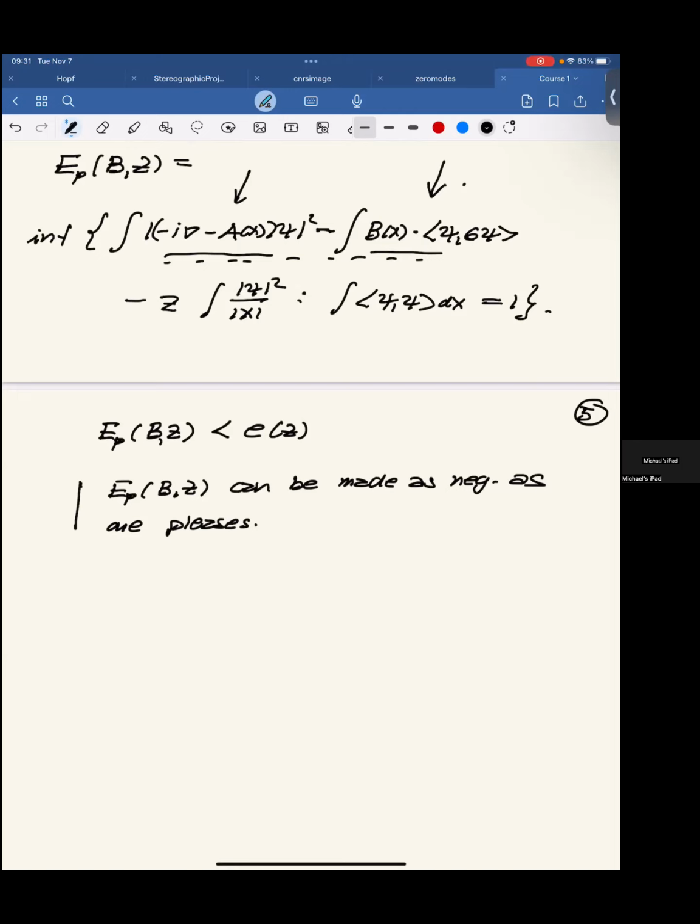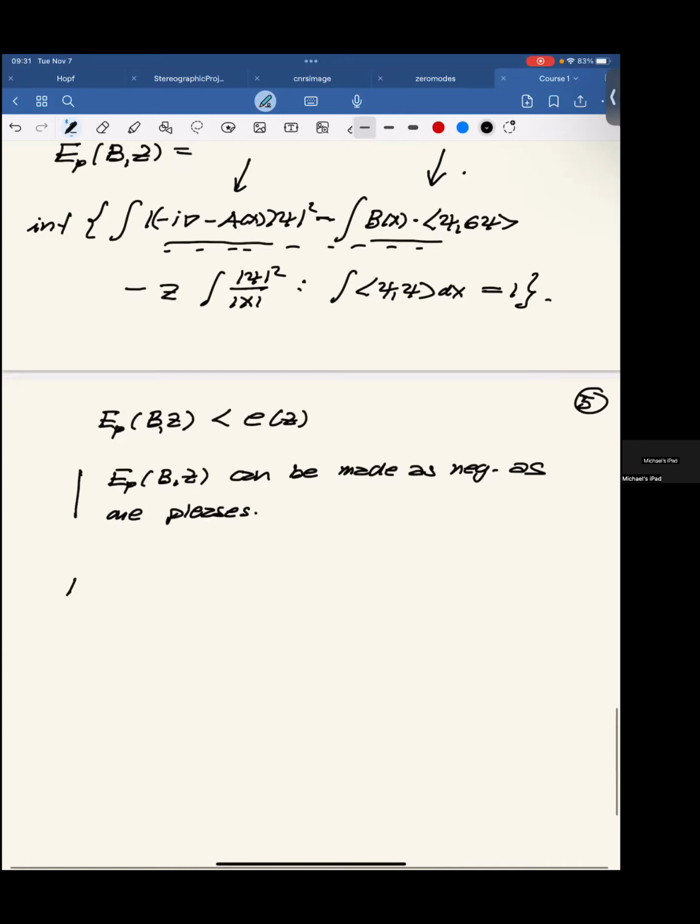And so the idea would have been to look at the following functional, which now depends on Z. You take the infimum over all magnetic fields of this paramagnetic energy, in other words including spin. And what you add to it is the field energy, because that's in some sense what you have to pay to the power company.